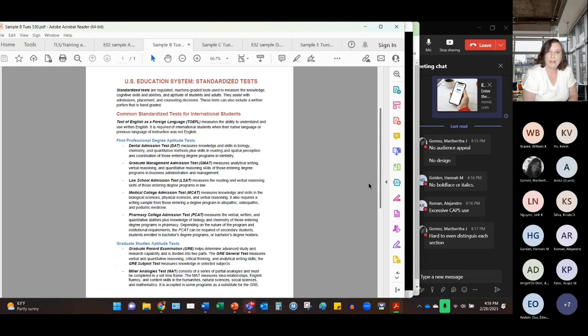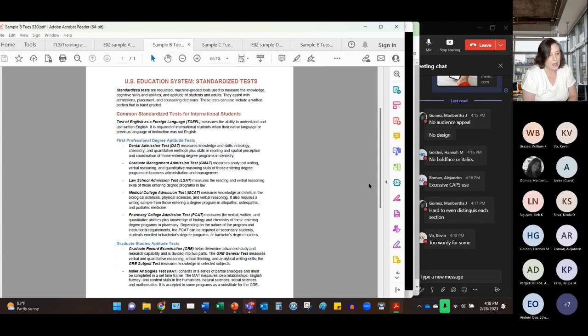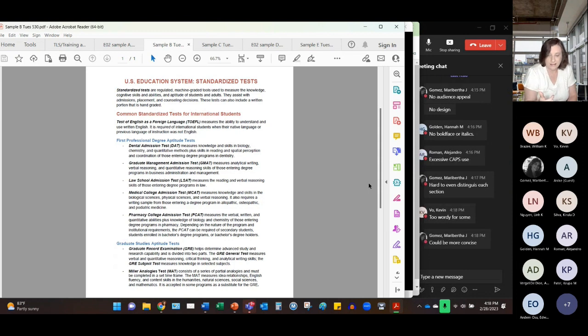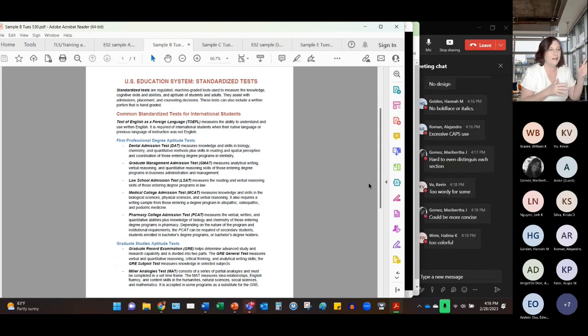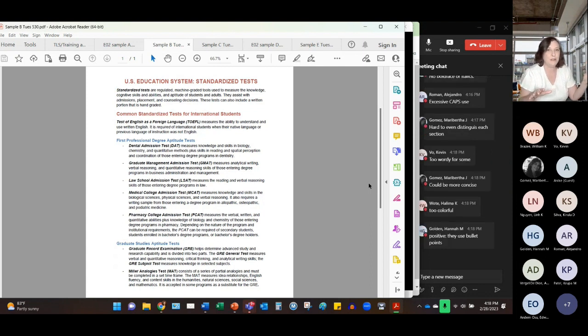So any comments about this flyer, the second one, positive or negative? I agree with Kevin. This is still too wordy. They did edit it a little. I think the original flyer used the word test like about 20 million times.